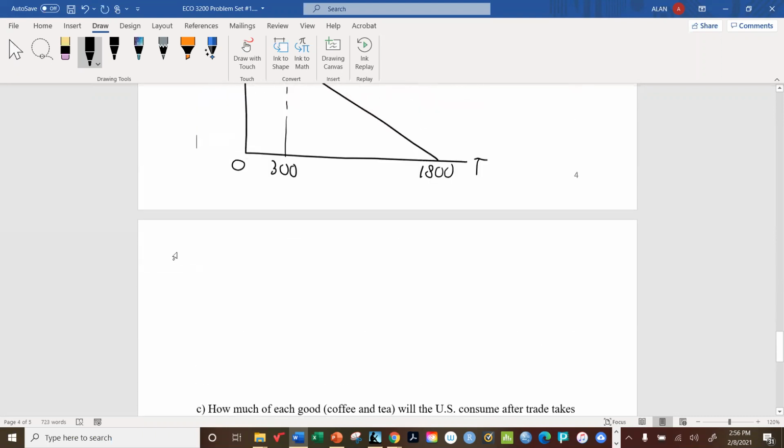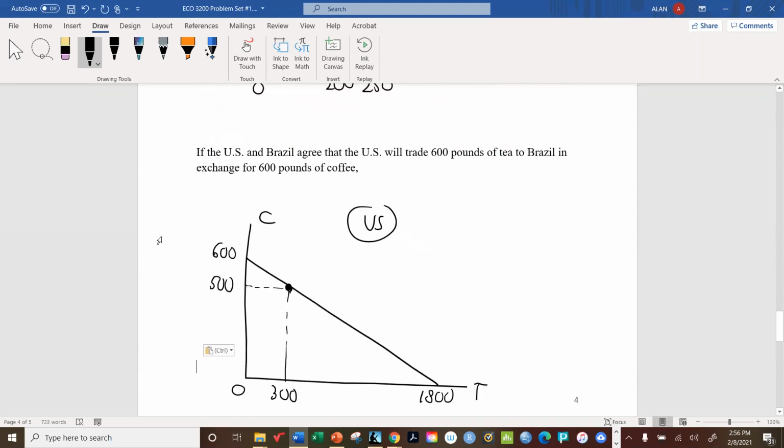So we were told that the US will specialize in coffee. So we moved, let's say this is point A, this is point B. Now they're trading 600 pounds of tea for 600 pounds of coffee. So that means we'll end up with 1,200 teas and 600 coffees, right about here, let's say.